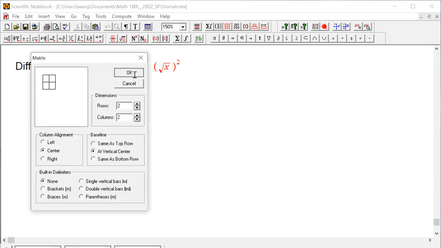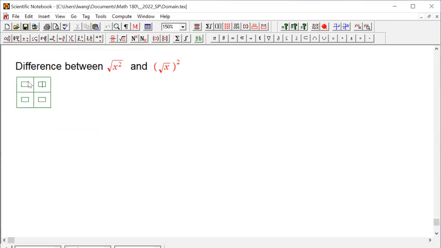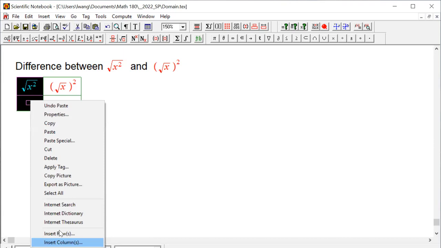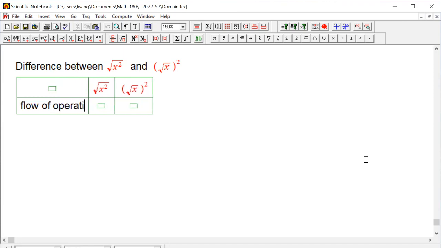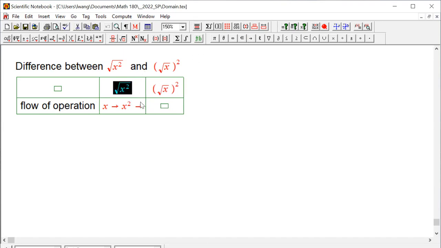I'm going to show you a couple of differences. Number one, this piece is one function, and this other piece is another function. From the perspective of the flow of operations, for this piece, you start with x, then you do x squared, and then you do the square root of x squared.